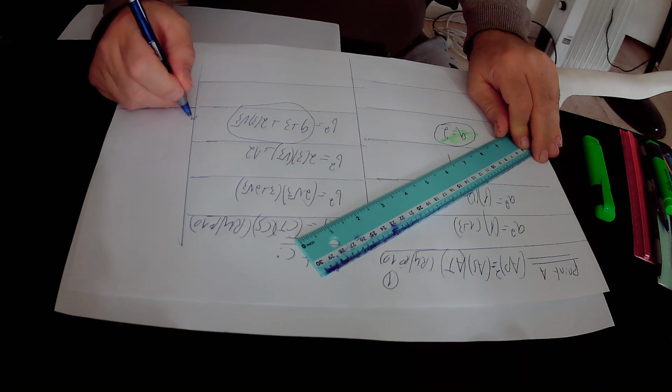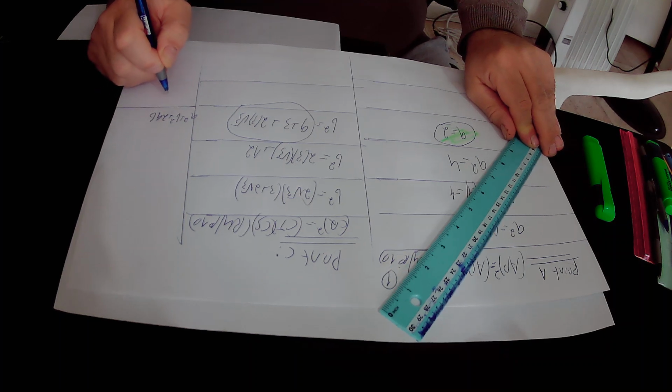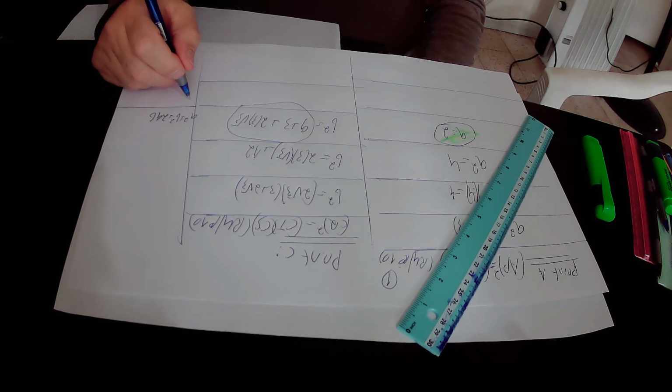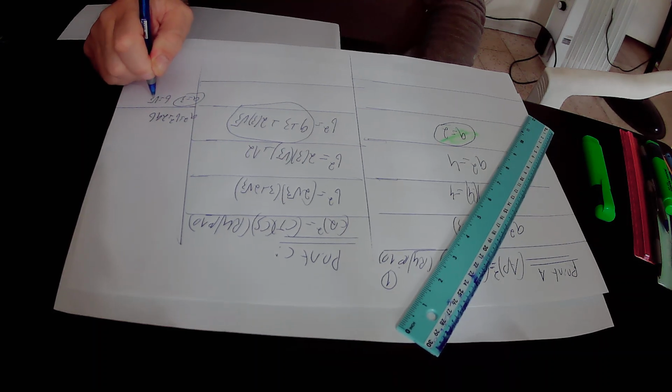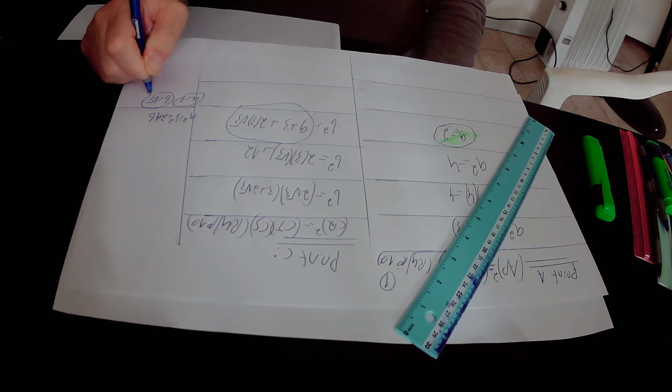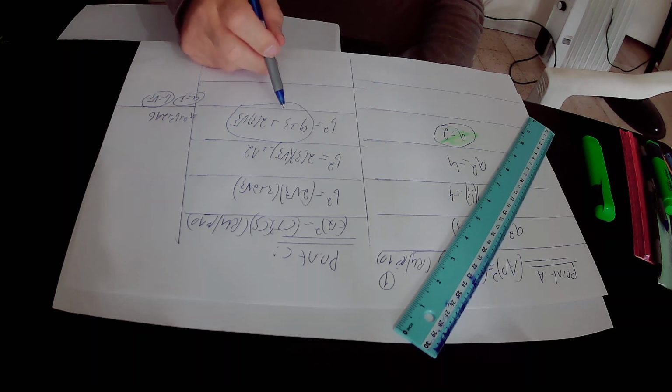A square plus B square plus 2 times AB. If you just substitute A by 3 and B by square root of 3, you will get that A square plus B square plus 2 times AB equals 9 plus 3 plus 2 times 3 times square root of 3.